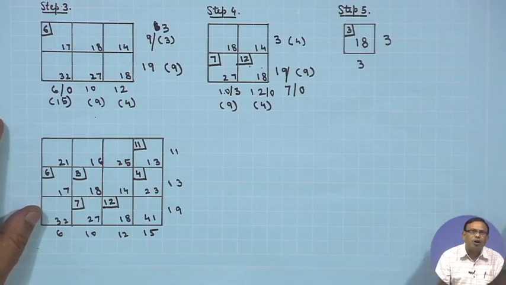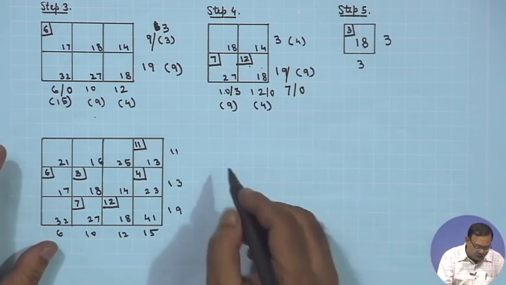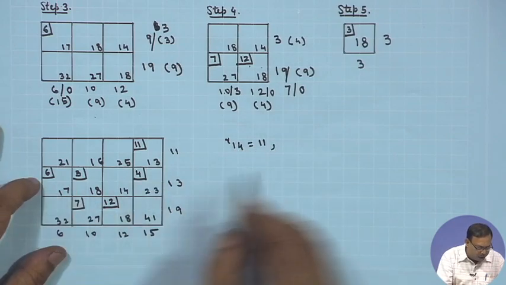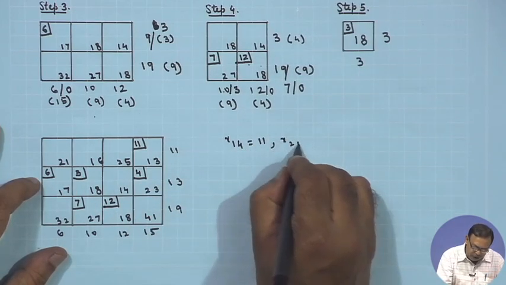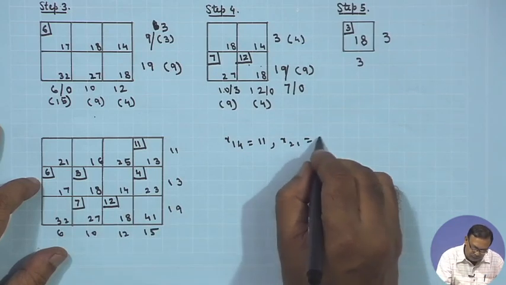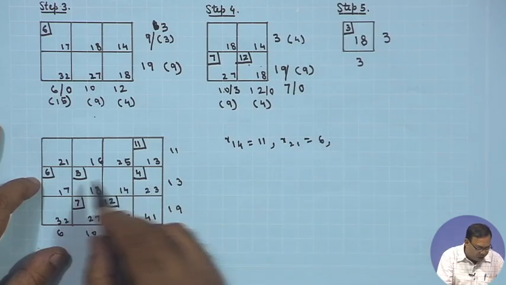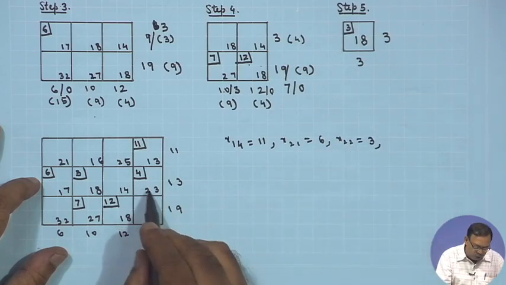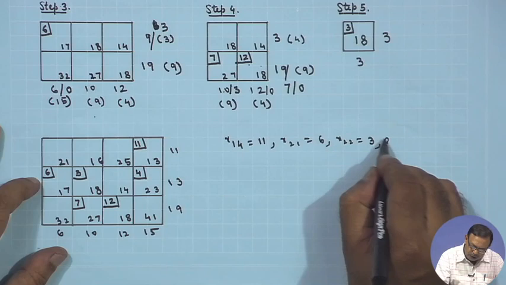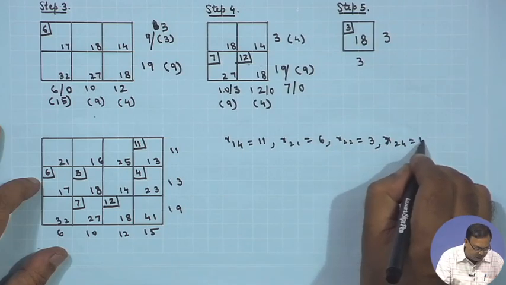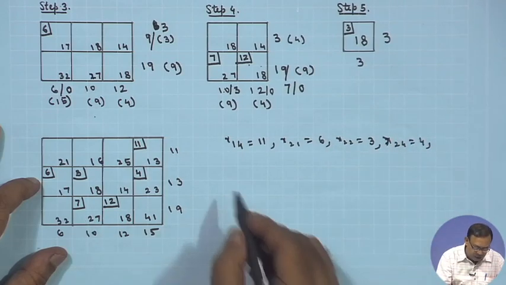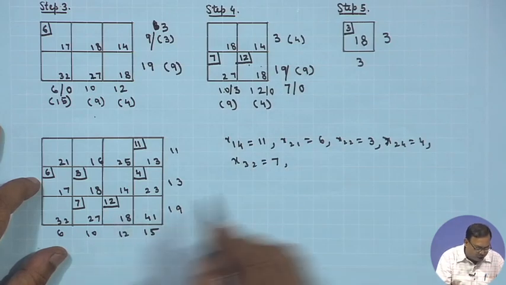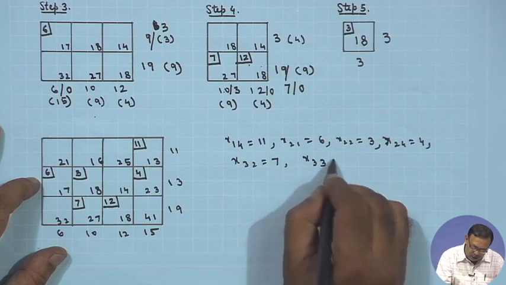That means the solution of your problem will be x14 equals 11, x21 equals 6, x22 equals 3, x24 equals 4, then x32 equals 7 and the last one x33 equals 12.